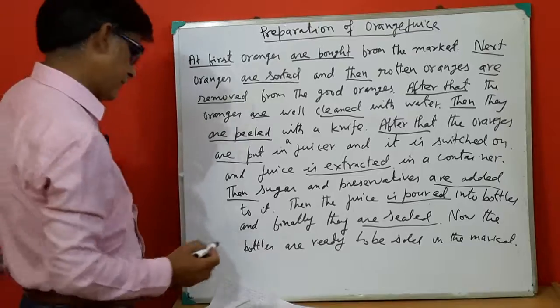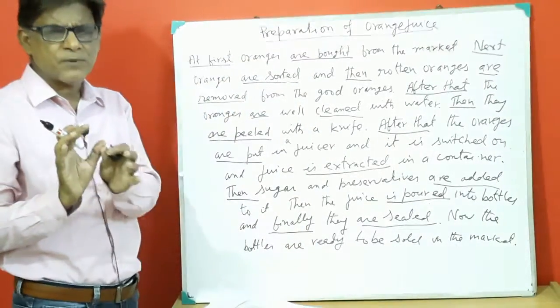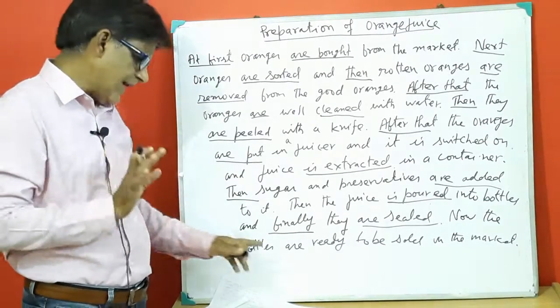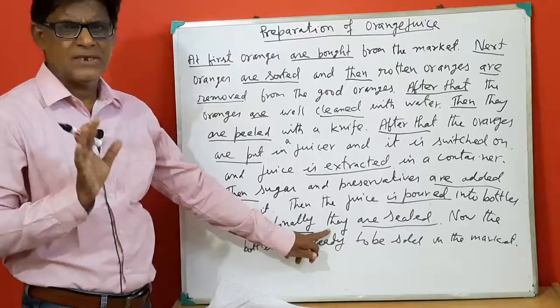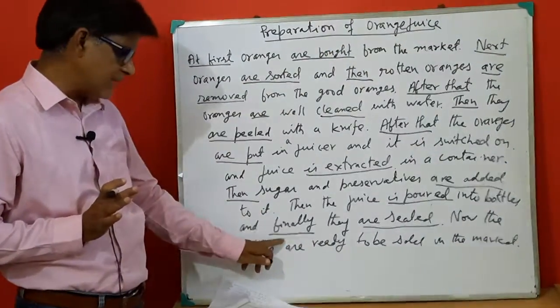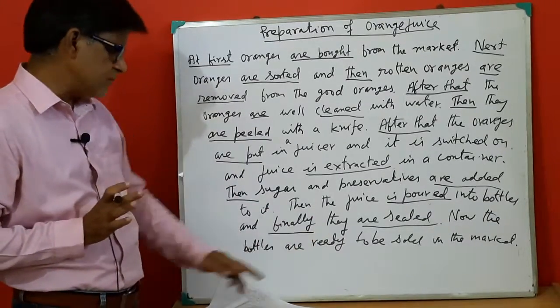Then finally, when the last process is mentioned, you add finally, because this is the last step of preparing orange juice. So you may write here finally. Finally they are sealed. Now the bottles are ready to be sold.